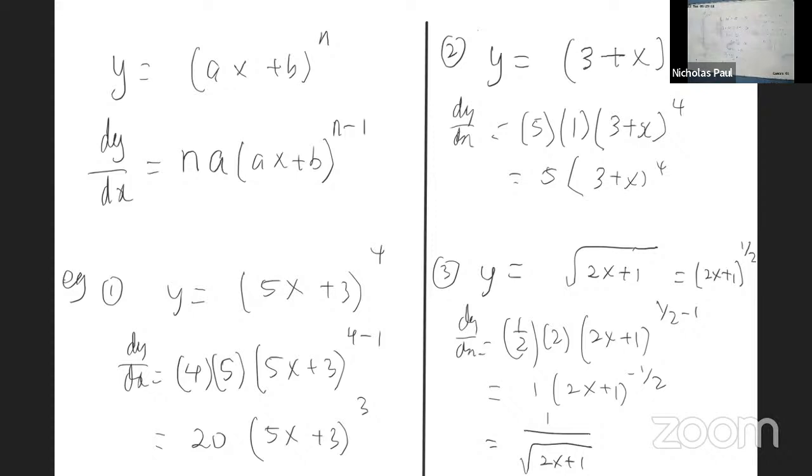The next way to do it is something called chain rule. Copy it down if you didn't get it. Right, so let's take a look at chain rule here.